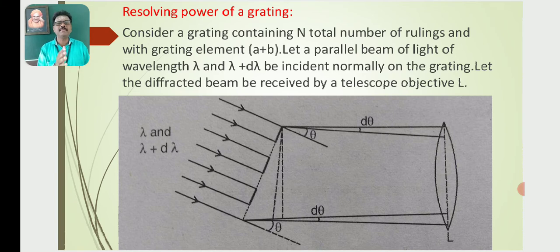Let a parallel beam of light of wavelengths lambda and lambda plus d lambda be incident normally on the grating. Let the diffracted beam be received by a telescope objective lens, called L. Telescope objective, called L, indicates the lens.